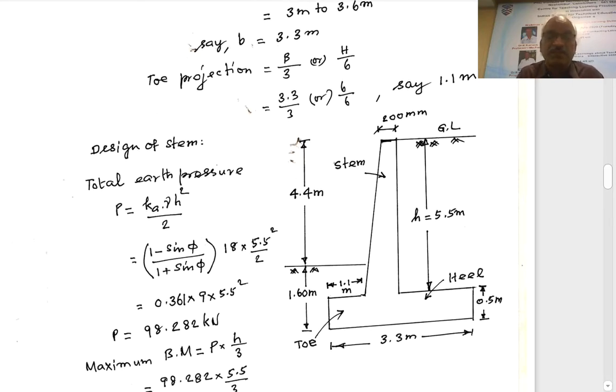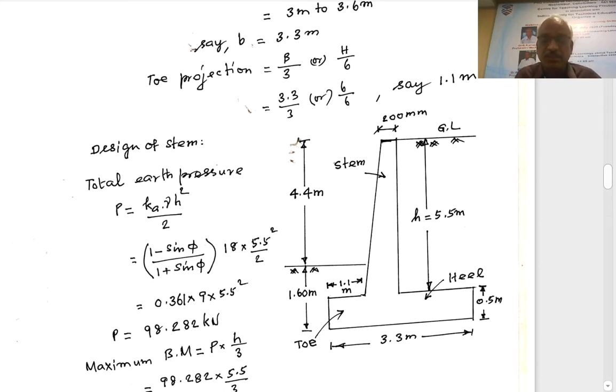Now we can refer the figure also. The bottom base width equal to 3.3 meters. Overall height 4.4 plus 1.6 equal to 6 meters. After deducting for the base slab thickness 0.5 meter, the height of stem equal to 5.5 meters.